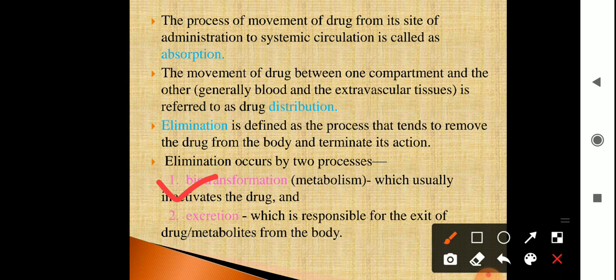Next, excretion, which is responsible for the exit of the drug metabolites from the body. That is, the removal of the drug from the body is called excretion.